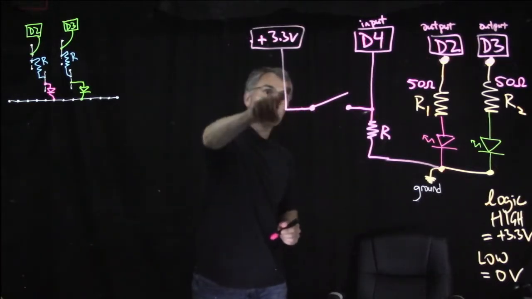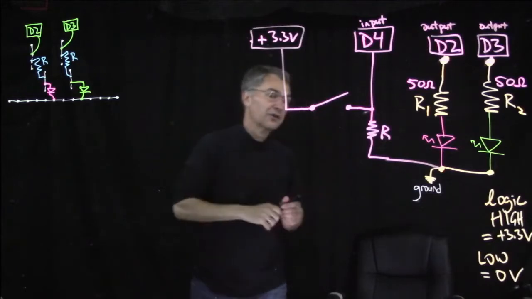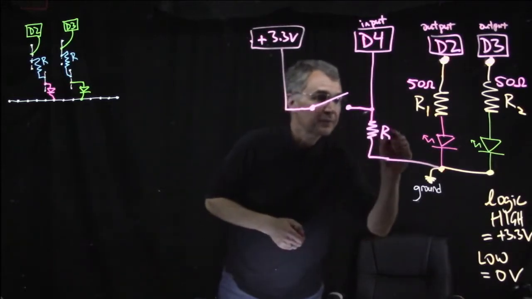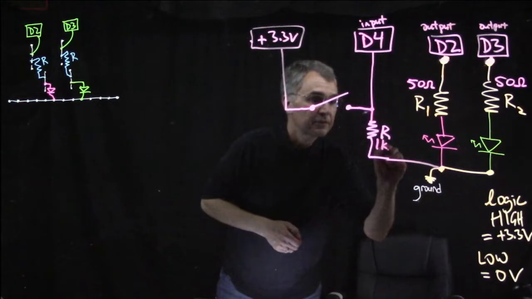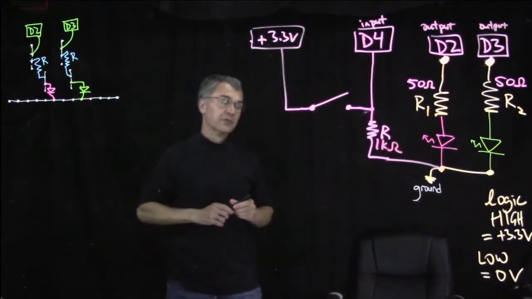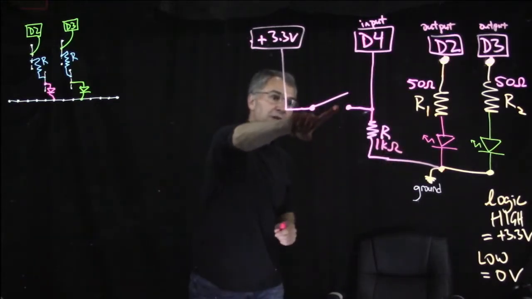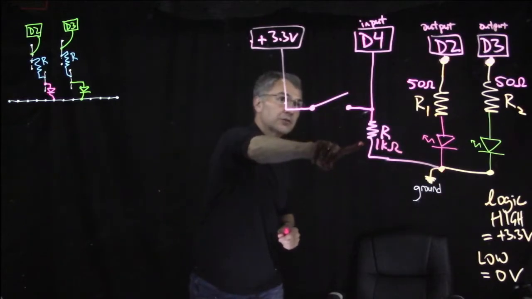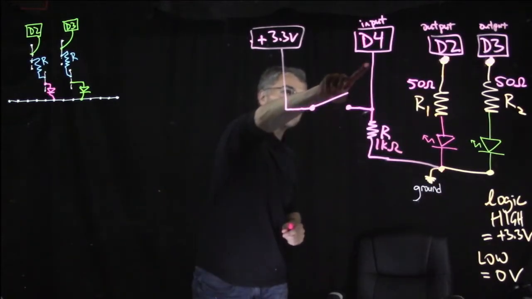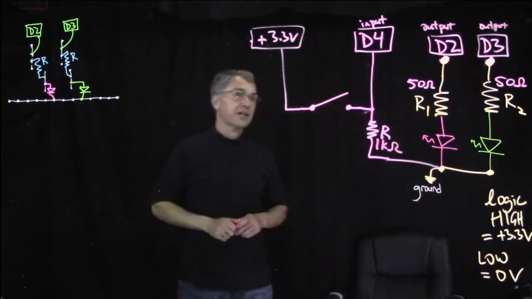Because 0 ohms is much less than R, and let's say that R will be something like 1 kilo ohm, 1,000 ohms. So if this is a small fraction of an ohm and this is 1 kilo ohm, then the voltage that we see here will be very close to plus 3.3 volts. So we will get a logic high voltage here.